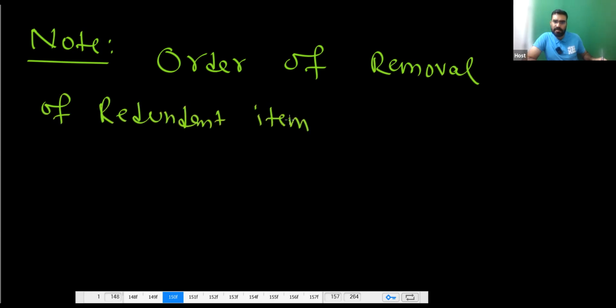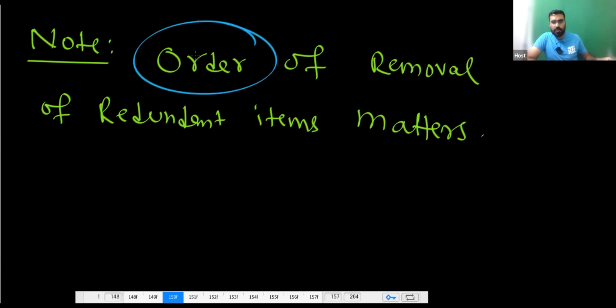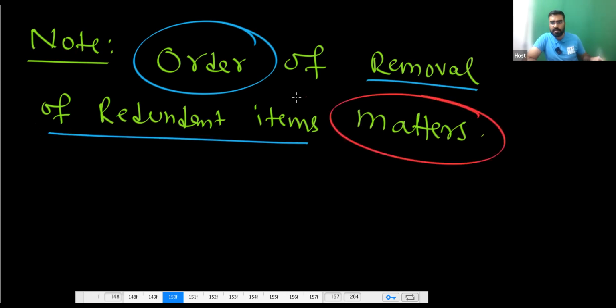In which order are you removing the redundant items? The order will matter.